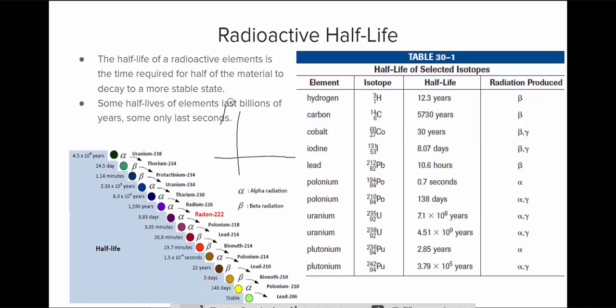If you imagine a graph of the number of atoms versus time, all half-life curves look like this. They asymptotically approach 0, which means that technically, mathematically, they never reach 0.